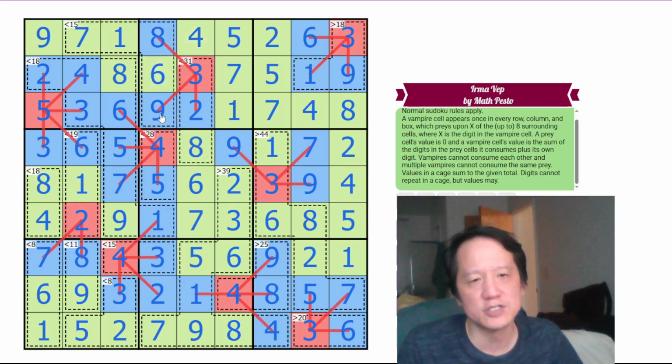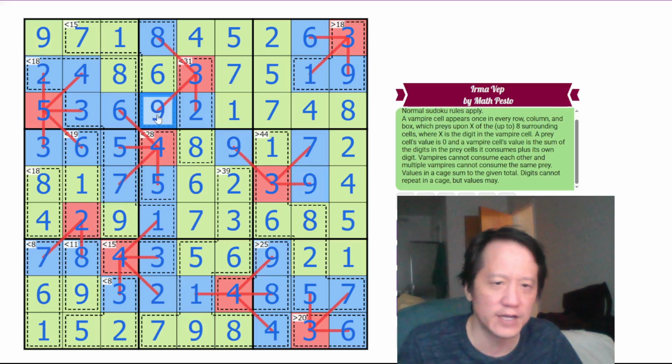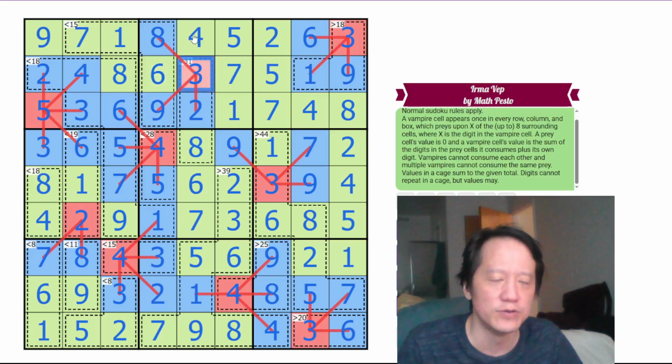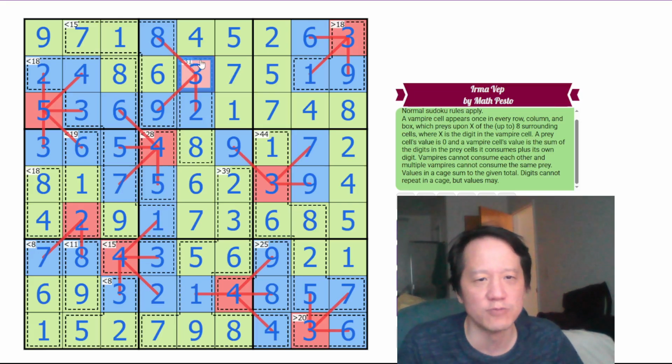It was basically just saying that this had to be, finding out from this cell, had to be a prey cell. And once you got that, you knew that this could not be the vampire, which forces this to be the vampire. I guess that's the elegant way of looking at it. I just wasn't able to spot that from there. That was a little difficult to spot.